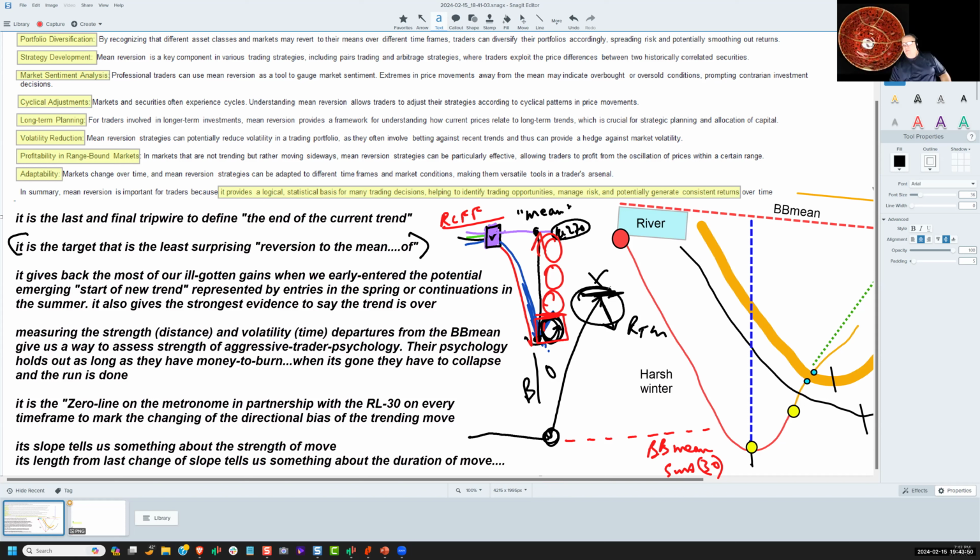Well, in the same way, we can take a look at where the RL10 turned and go from the RL10 and then pick the simple moving average 30 as the distance for the reversion to the mean.